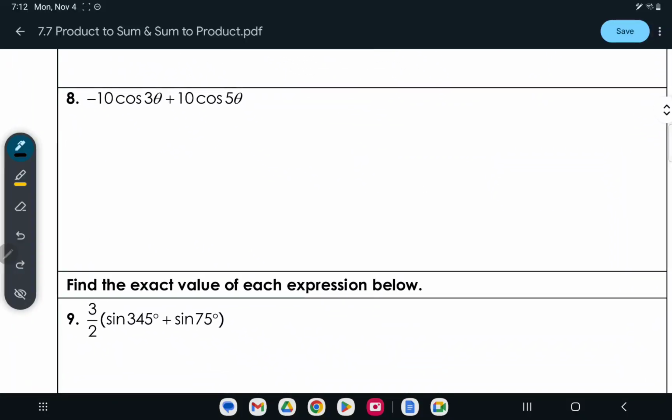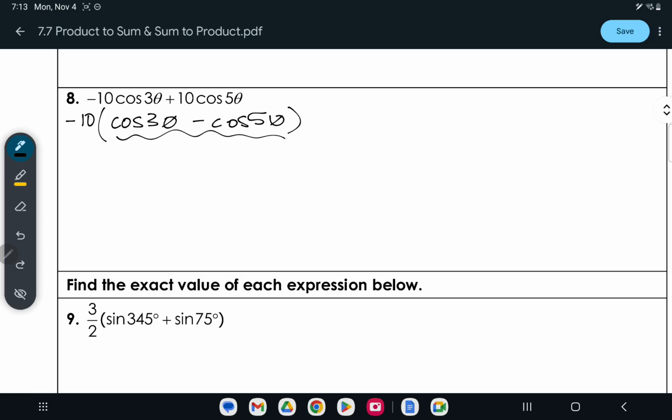All right, let's look at this one. A cosine plus a cosine. I think we can do a little bit of algebra first here. Let's factor out a negative 10. I'm left with cosine of 3 theta minus cosine of 5 theta.